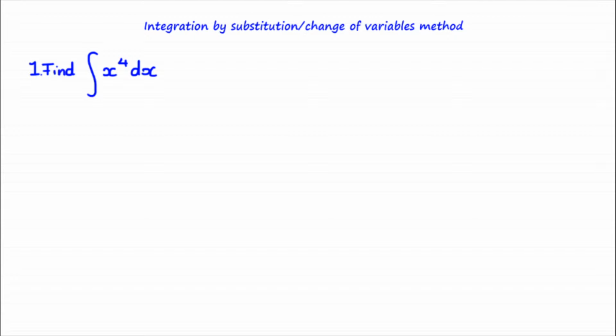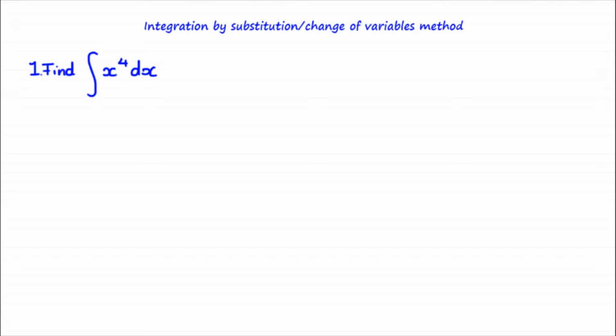So we've got Ella straight in with x to the 5 over 5. Some of us are making a few mistakes. We're not going to forget our constant of integration.